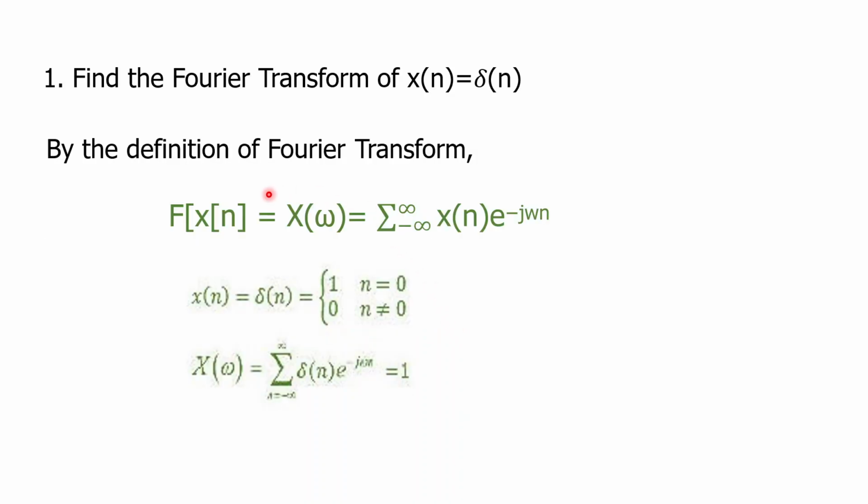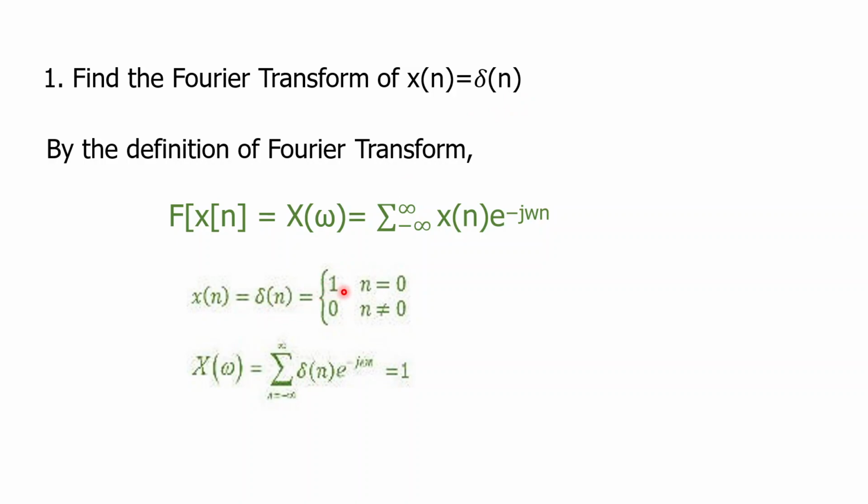So for the first problem we will see delta of n. What is the formula first? For Fourier transform of x of n, which is represented as X of omega, this is the formula: summation from minus infinity to infinity x of n e power minus j omega n. Here the signal is delta of n, impulse.